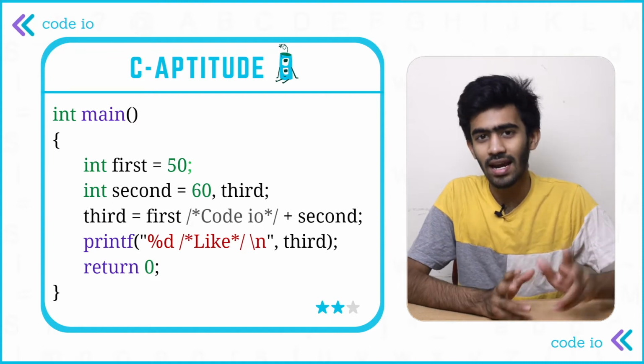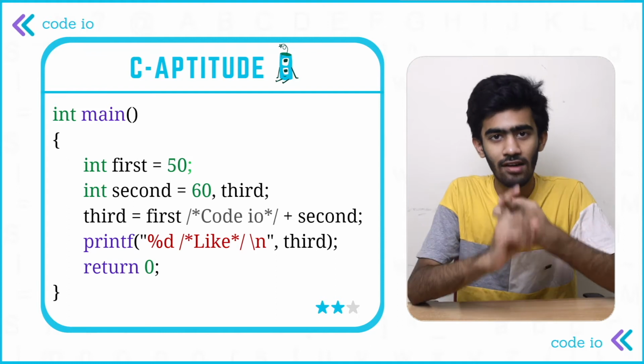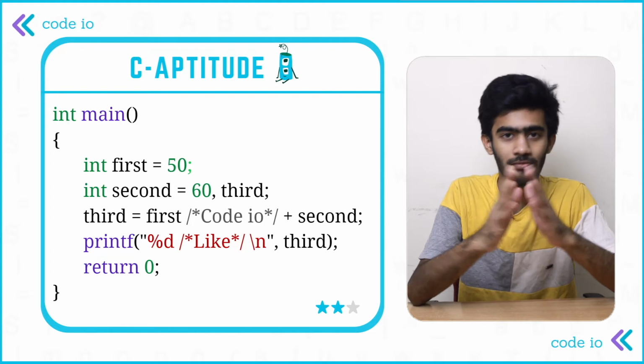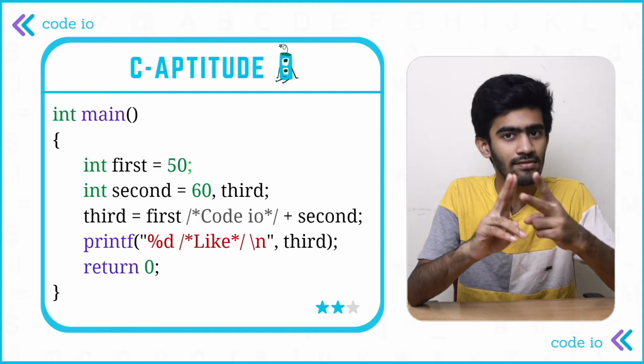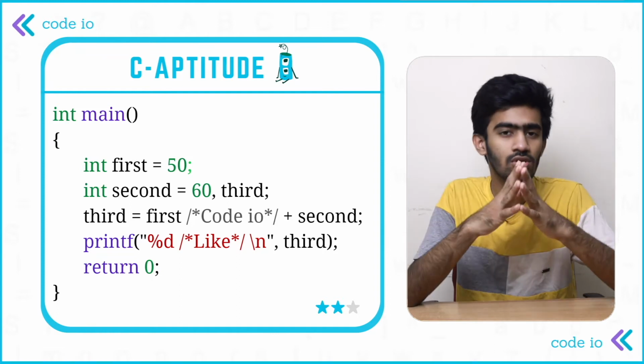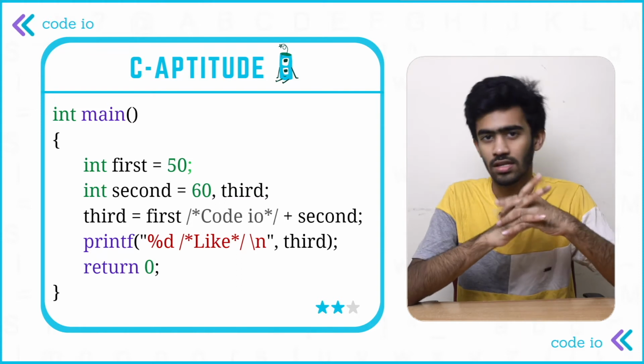Okay, so there are two questions. The above comment, code.io, will it affect the value that is being printed or the value that is being evaluated from that expression? And the second one is the comment that is given inside this printf statement inside quotes, will that affect the evaluation of this printf statement?